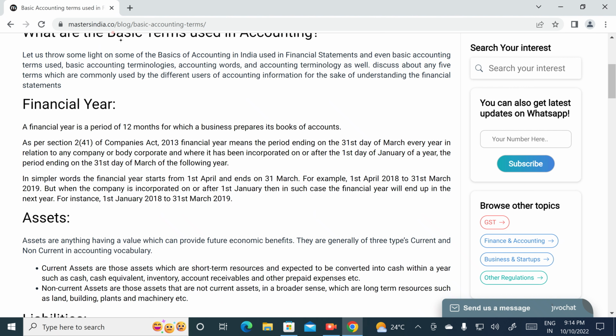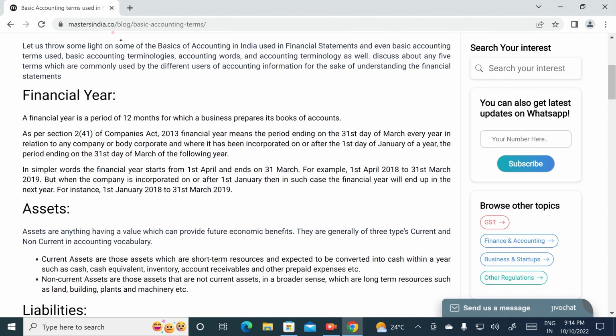Financial year, or we can say the accounting year. The accounting year or the financial year is a period of 12 months for a business in which it prepares its books of accounts. Generally in India it starts from the 1st April and ends on the 31st March, or we can take it as 1st January to 31st December.